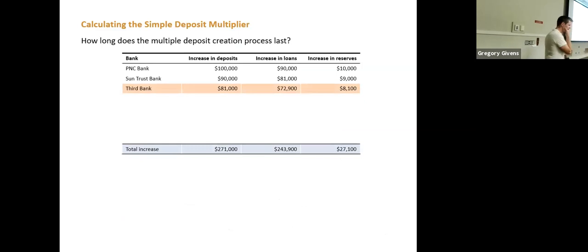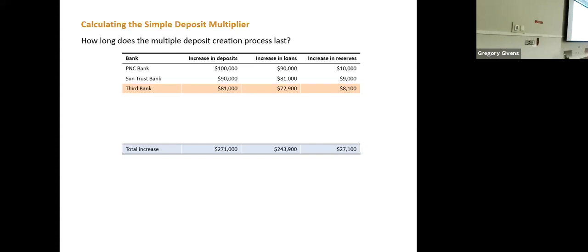Well, to help think about this question, I've created this little table in the slides that shows 3 columns of information here. It's the increase in deposits at each of the banks in our example. It's the increase in loans at each of these banks, as well as the increase in their reserves.